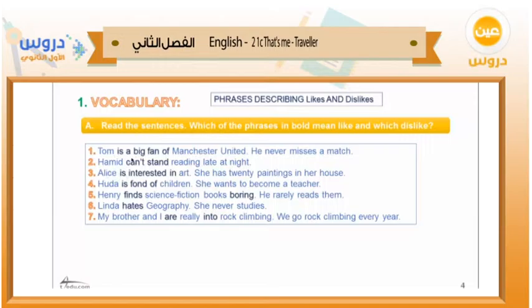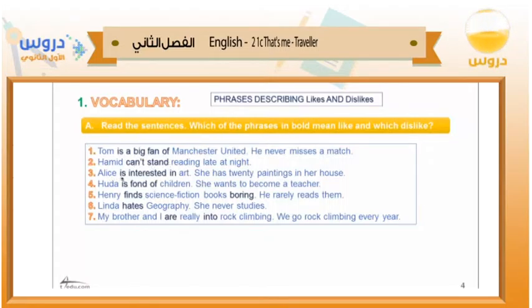Now look again at these sentences and try to find which of them is like and which one of them is dislike. Okay, let's see now. Number 1, Tom is a big fan of, like or dislike? It is like. Number 2, cannot stand reading late at night.